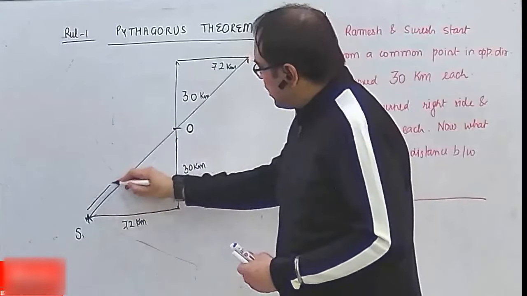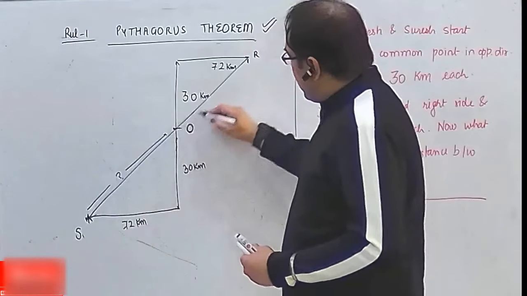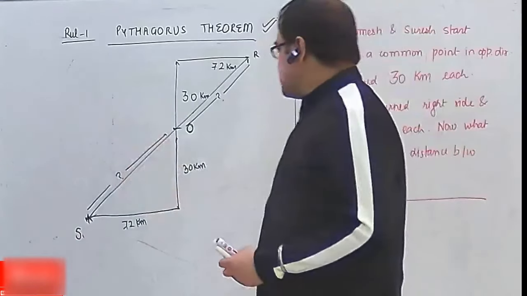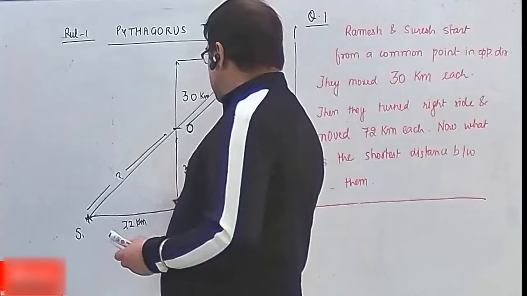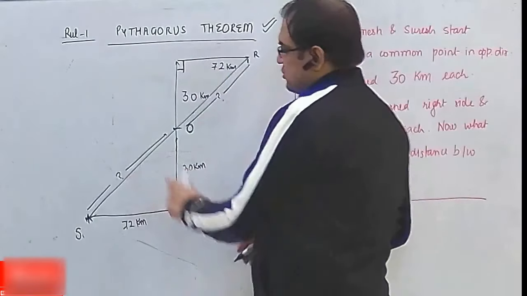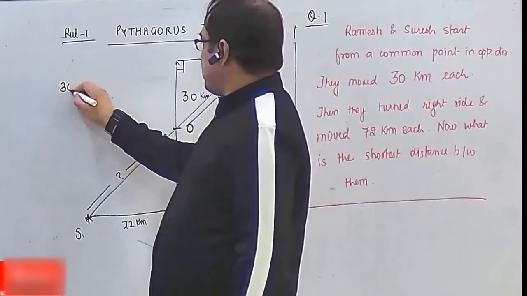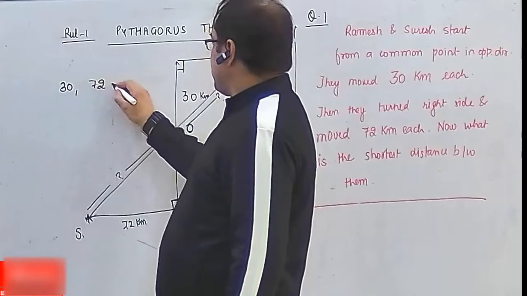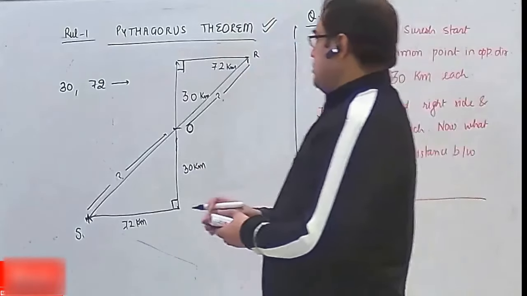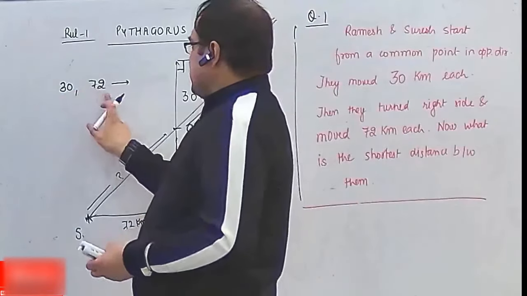To calculate it, we calculate this part and this part. This is a right angle triangle, this is the base, this is the perpendicular, so this will be the hypotenuse. We need the hypotenuse for 30 and 72. What is the common factor in both?